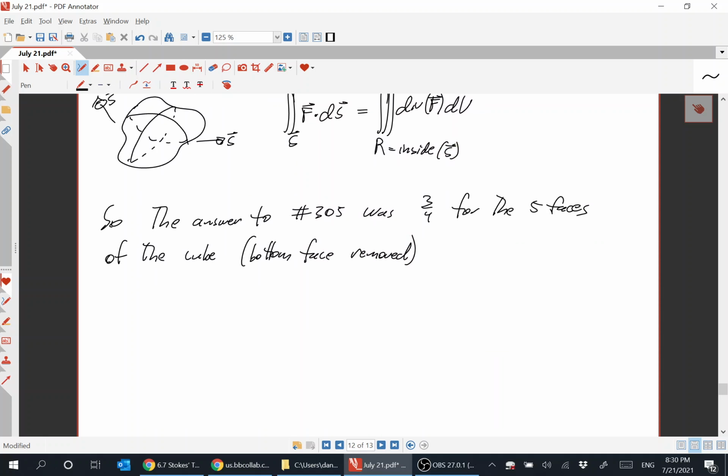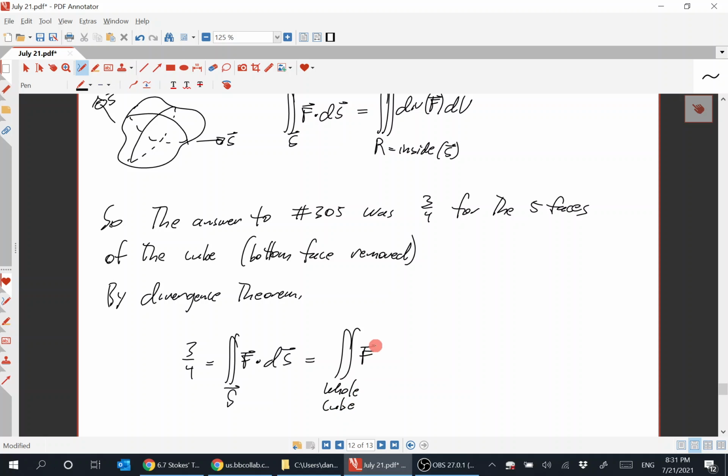Okay, so by the divergence theorem, 3/4, which was equal to the double integral over S of F dot dS, is equal to the surface integral over the whole cube of F dot dS minus the double integral over the bottom face of F dot dS. Right, so we have the 5 faces, so let's just plop the 6th face back in there.